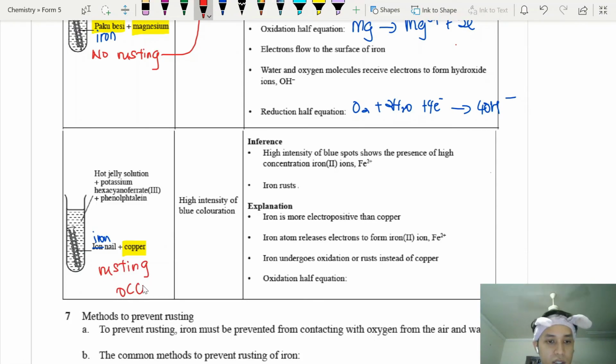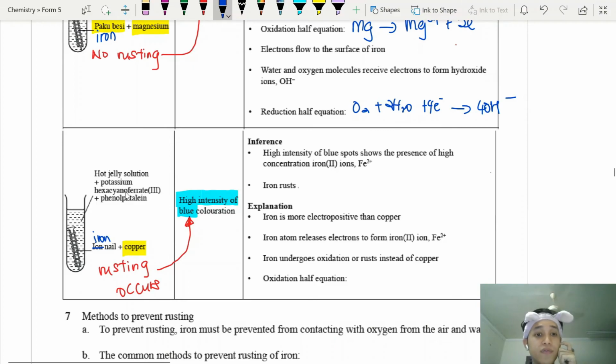Rusting occurs. So if rusting occurs, what is the observation that I will see? This one, blue: high intensity of blue coloration, because of the potassium hexacyanoferrate(III). You need to remember potassium hexacyanoferrate(III) is to test Fe2+.